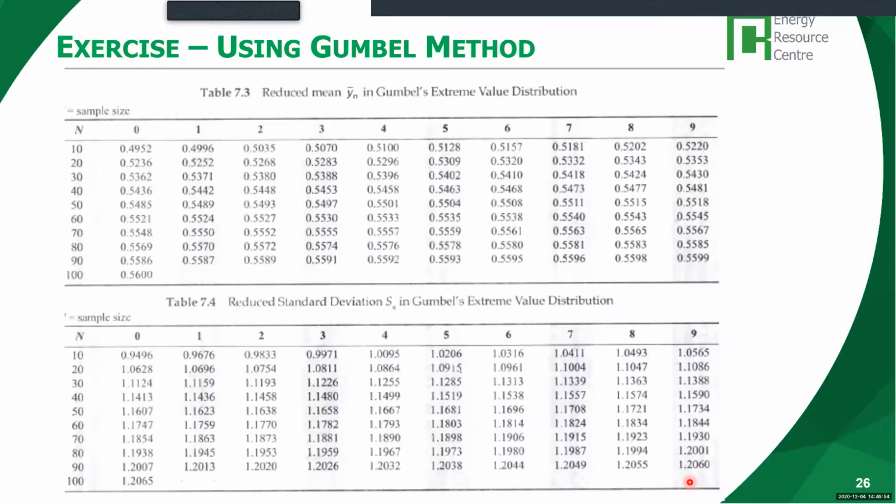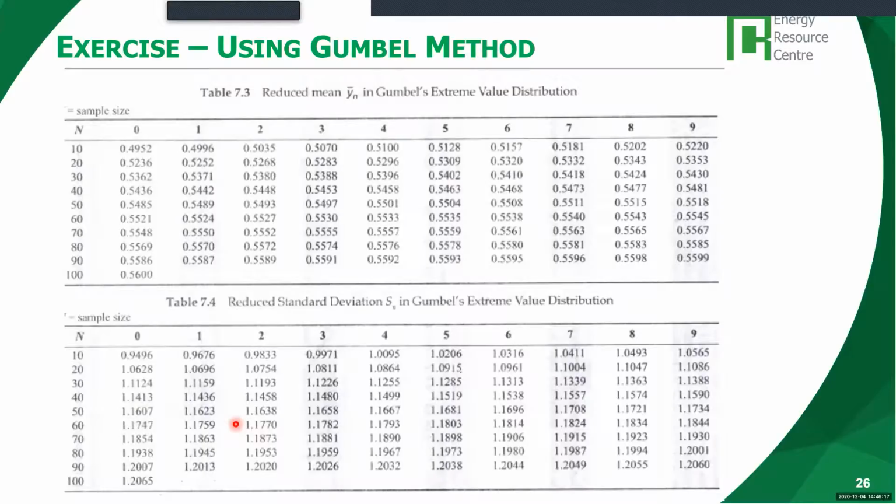So Y bar N, if you have 30 years of data, has a value of 0.5362, and SN has a value of 1.1124. This is based on the Gumbel distribution, the extreme value distribution.